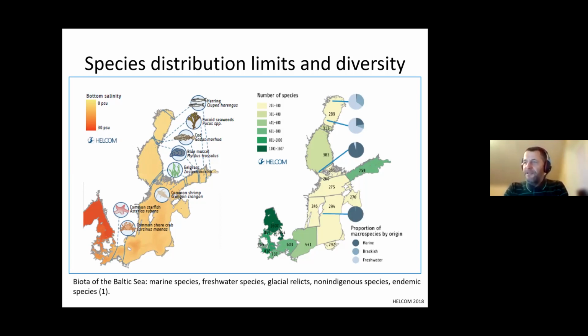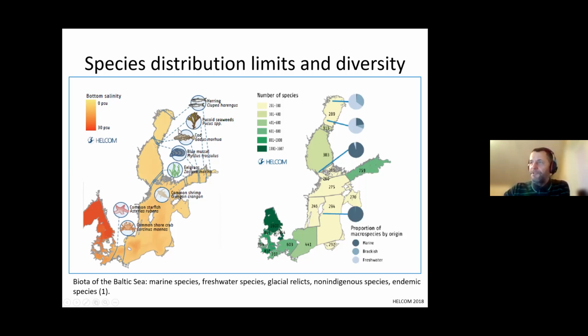In the Baltic Sea, they are only present in a very restricted area, only the westernmost parts, due to the salinity. There are also several other species indicated on the screen here, which have a salinity tolerance limit in terms of spatial distribution.